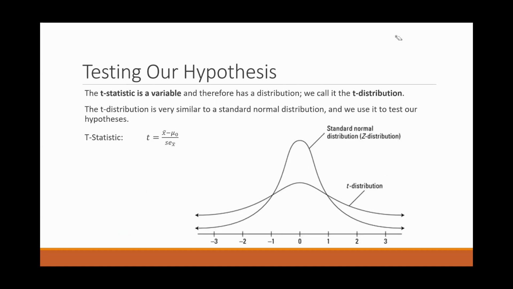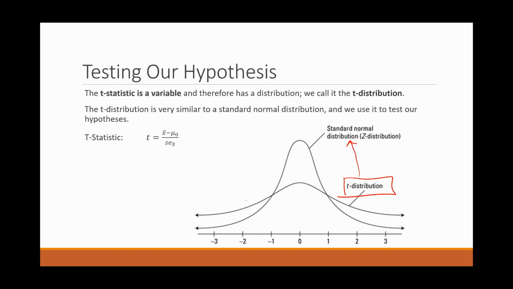Now, just to make the comparison, in the last lecture we talked about z-statistics, and then we briefly introduced t-statistics. A t-statistic is just a value that comes from what's called a t-distribution, and a t-distribution is very similar to a standard normal distribution, but it just has a larger variation.